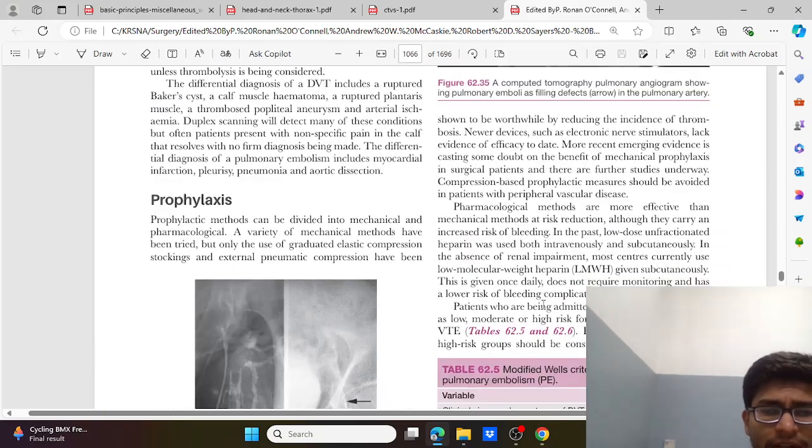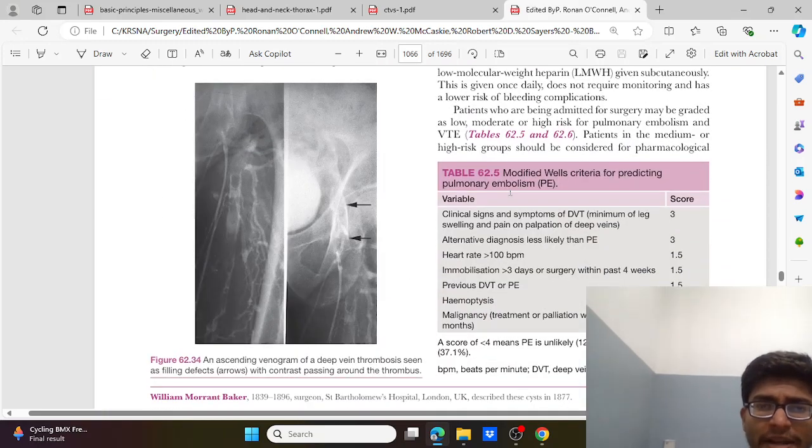Similarly, we have a modified Wells criteria for pulmonary embolism, which is a very dreaded complication of venous thromboembolism. Clinical signs and symptoms of DVT give a score of 3. Alternative diagnosis less likely than pulmonary embolism, again 3. Heart rate more than 100, 1.5. Immobilization 1.5. Previous DVT or pulmonary embolism 1.5. Hemoptysis 1. Malignancy, treatment or palliation within 6 months, again 1.